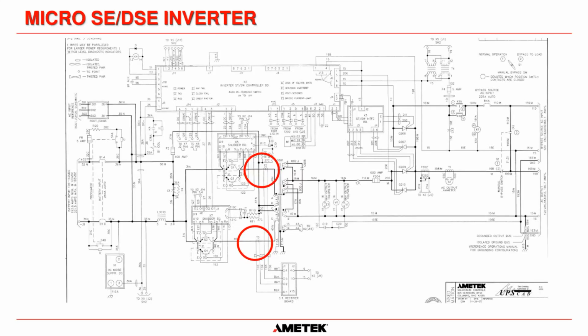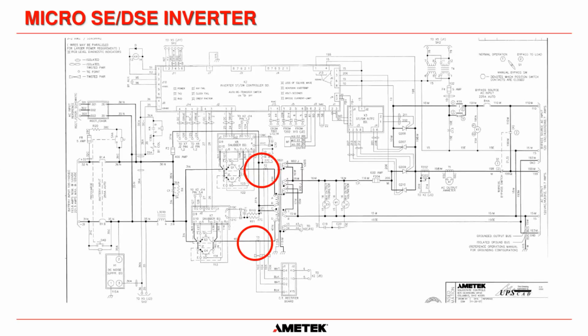Then these CTs will say, my job, when I see over 100 amps going through the IGBTs, is to switch off the gate signals to protect them from blowing up. The system will then transfer to bypass through the static switch and shut down the IGBTs to protect them.